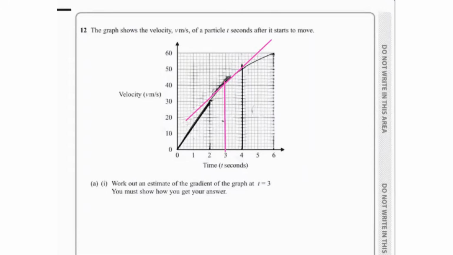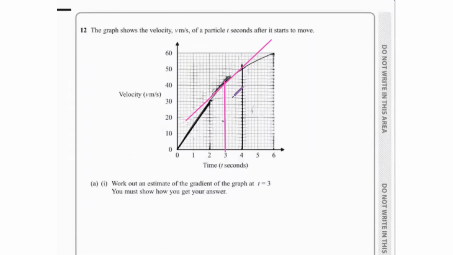To understand how to find the gradient at a point on the curve, you draw a tangent at that point, and the gradient of that tangent is exactly the same as the gradient of the curve at that point. So let's use this information. We can pick any 2 points.